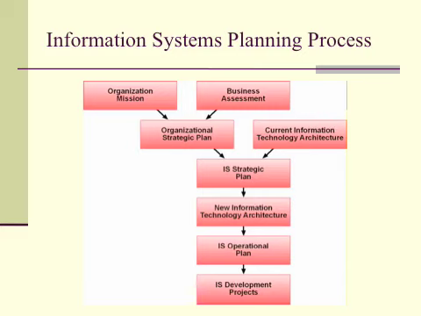So from there, you're going to channel down to your IS strategic plan, which is the plan that's going to support your organization as it's moving forward strategically from where you are today to where you hope to be tomorrow. You're going to develop new information technology infrastructure, you're going to have an operational plan, and you're finally going to develop the projects that are all going to support, back up the chain, the organizational mission.